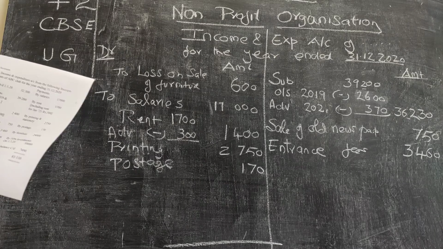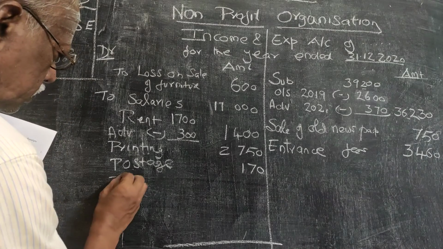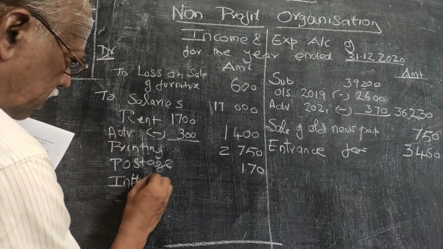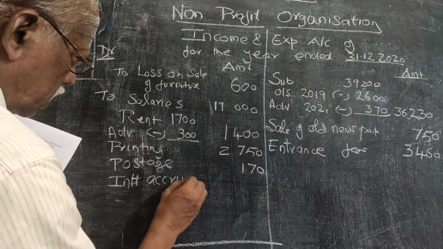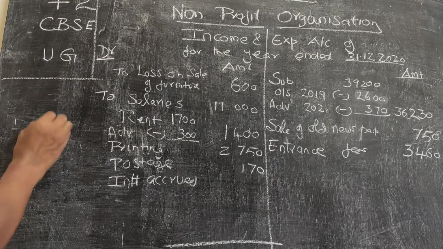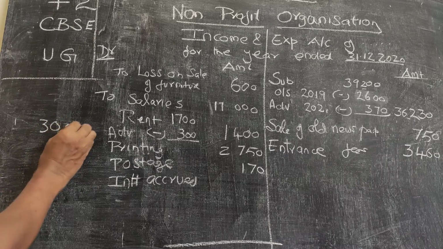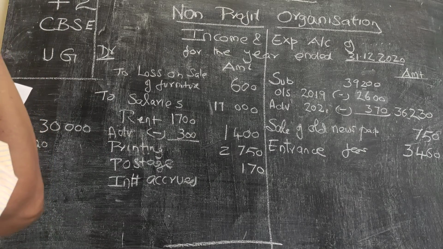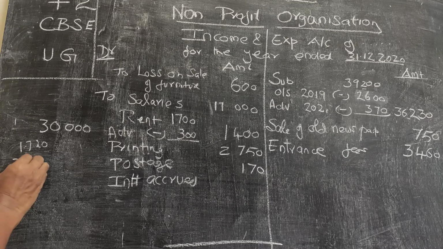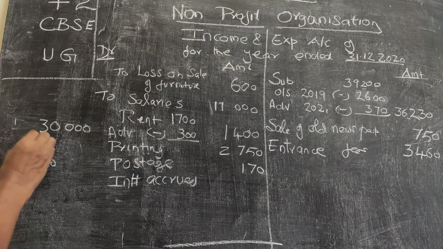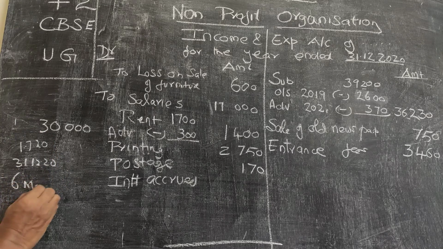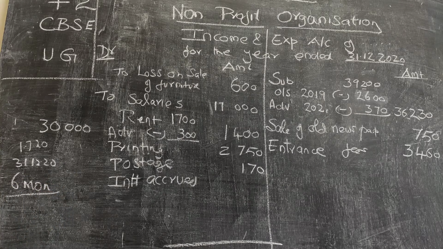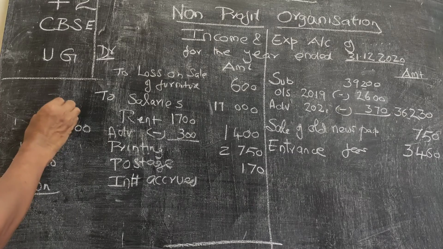The 10% investment which we have made on 1/7, 30,000 would not be appearing here because that is an asset. But interest accrued on investment will be coming. So interest accrued. How much is the interest accrued? Investment we have made 30,000. When did we? On 1/7. This is the income and expenditure for the year 31st December 2020. That means interest accrued is for 6 months. This you have to think of. What is the rate of investment? 10% interest they are giving.